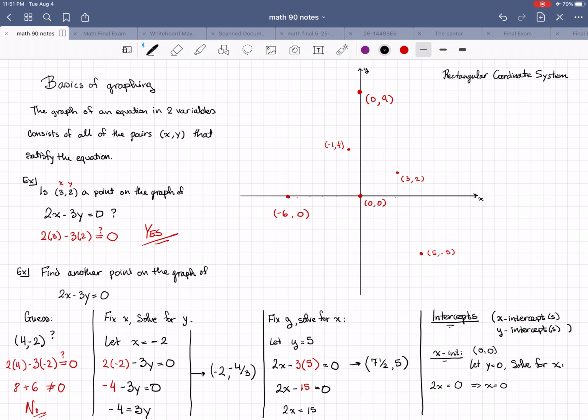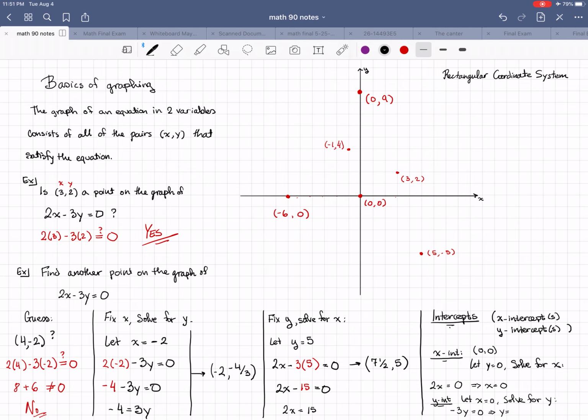Some graphs do, some graphs don't. Just for the sake of saying we did, let's also look at the y-intercept of this graph. So for the y-intercept, we let x be 0 and solve for y. And you'll notice the same thing, that if x is 0, we have 2x, that's 0. Minus 3y is equal to 0. We divide both sides by -3.